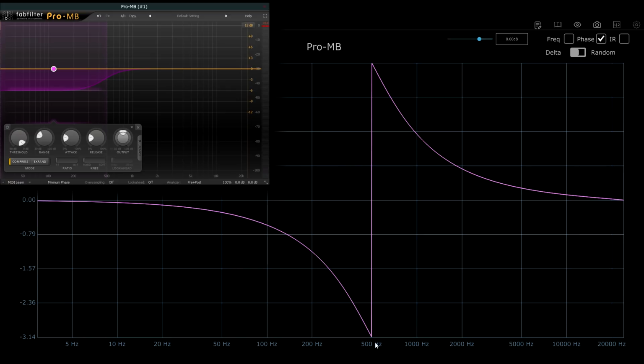Two things to notice about this phase shift. First of all, it's static and doesn't change at all when I change the band gains. This is a good thing, as static phase shift tends to be less audible than dynamic, changing phase shift. But on the other hand, it's way more extreme than the phase shift introduced by dynamic phase mode.